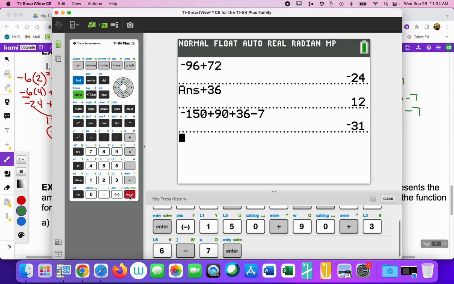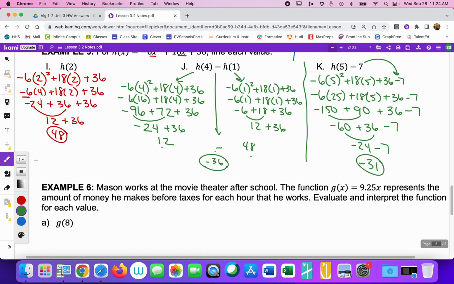You will get negative 31. When you get here, you can use the calculator to finish. But if you had to do it by hand, you should be able to. Yes, you have permission to use your calculator provided you show work. Good question.